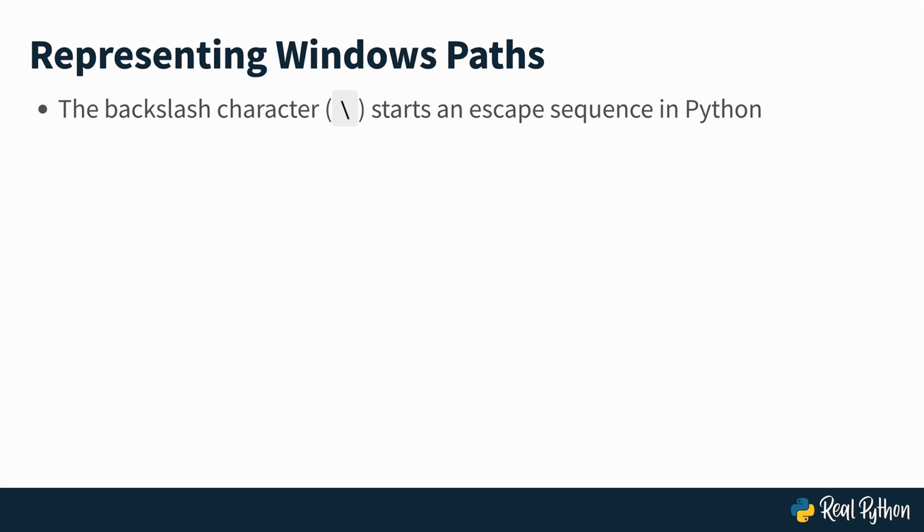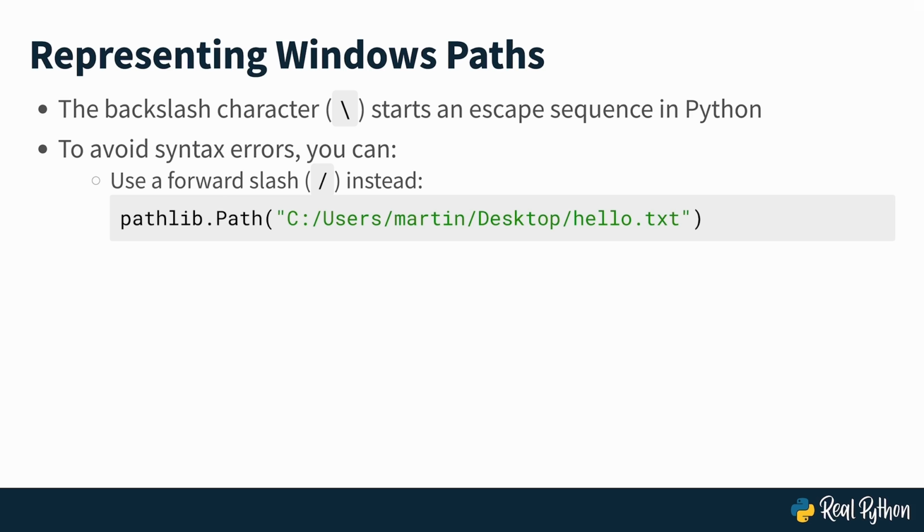This will break your Windows paths if you don't account for it, and you'll get syntax errors. There are 2 ways around it. You can either use a forward slash instead, which means you can represent a Windows path with the normal C colon, but then instead of using a backslash like you normally would, you just use a forward slash. The pathlib library knows what to do with that, and correctly creates a path object that points to this specific path.